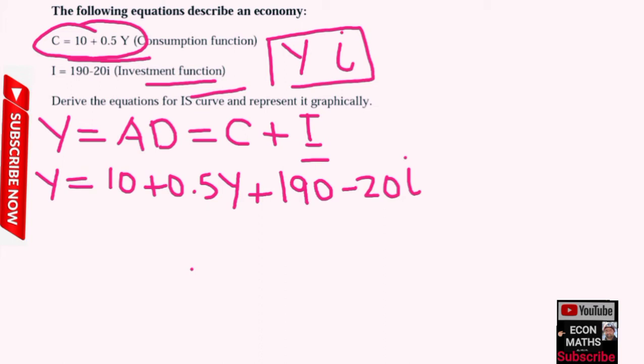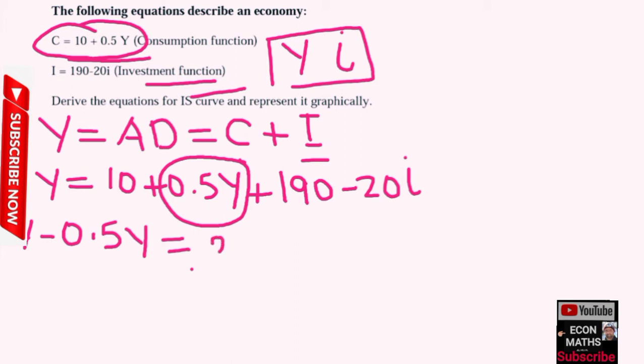Now solving this is very easy. We transpose this 0.5 Y on the LHS, so our LHS will become Y minus 0.5 Y. Now our RHS is 190 plus 10, that is equal to 200, so this is 200 minus 20i.